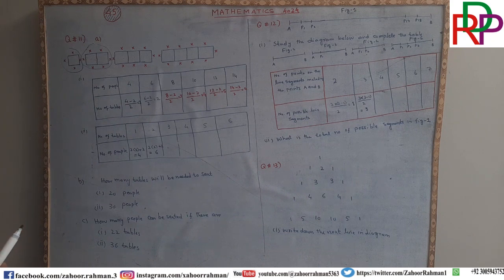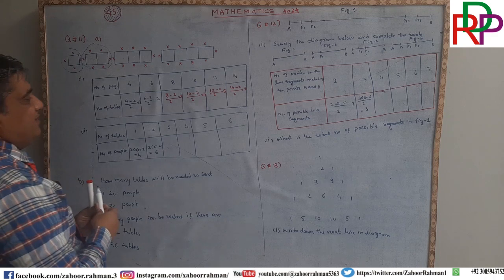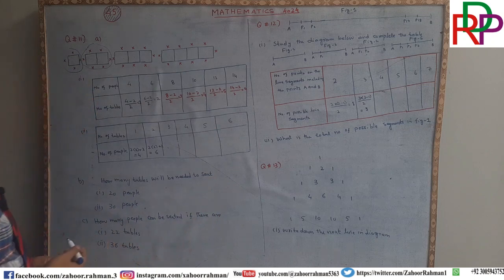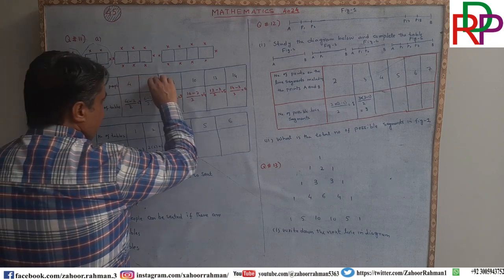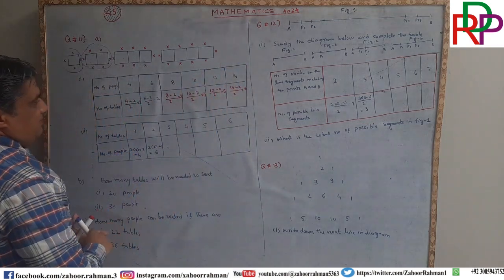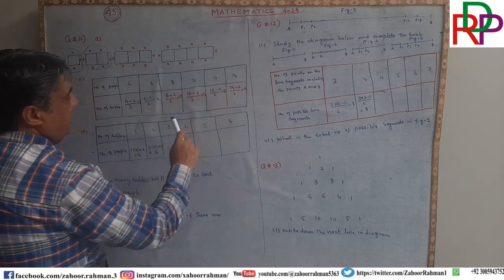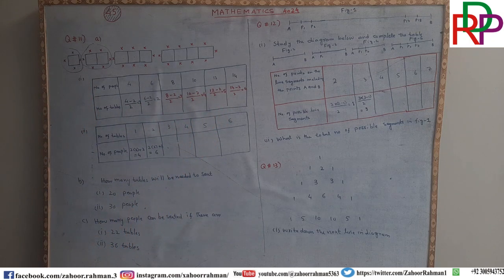So similarly, you are making a general concept, and then you can specify it for a number of people which are not consecutive numbers. 4, 6, 8, 10, 12, 14 are consecutive even numbers. But if you want 216 people, how many tables should we arrange? You can find that by the formula.